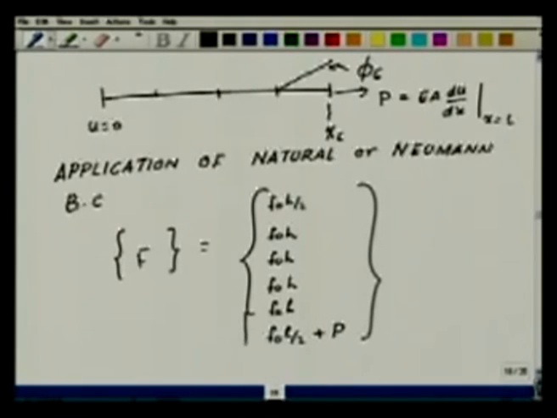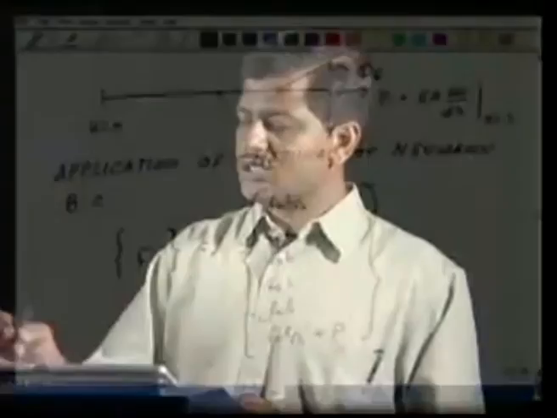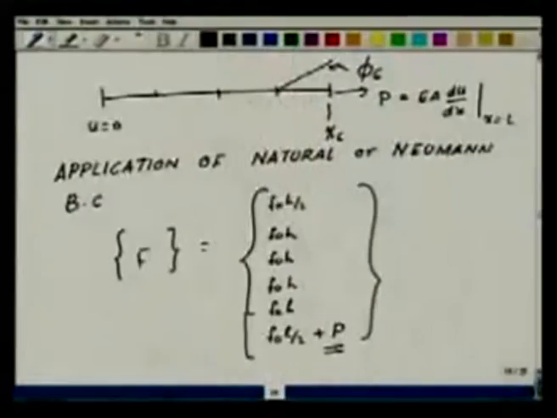So here what we do is, this Neumann boundary condition is applied by simply adding this term p to the corresponding row of the load vector. So this is how the Neumann boundary condition is applied.